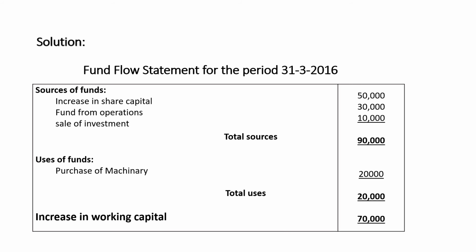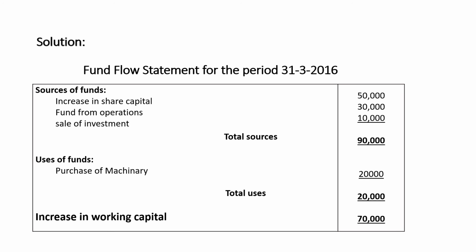The difference between 2,50,000 and 3 lakhs is a source of fund, meaning issue of equity shares during the year worth 50,000. This amount is treated as increase in share capital during the year to the extent of 50,000.